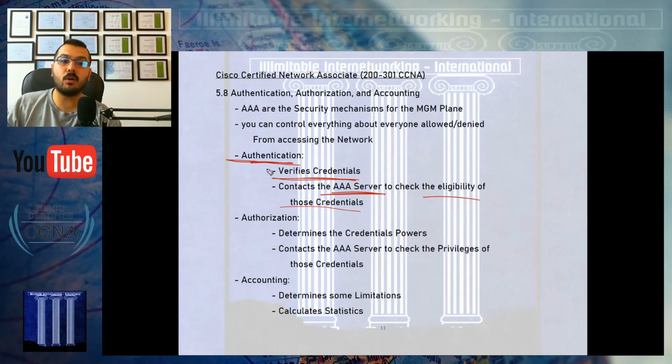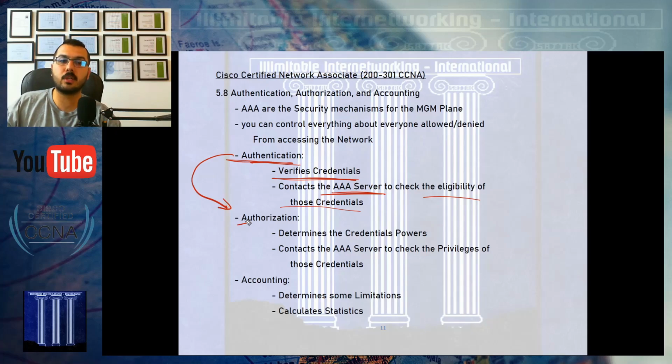But if it was authenticated, then we will go to the second A, which is: it's authenticated for what level of privilege to configure or to change the device or navigate inside this device. And this is where we will jump to the second A, which is authorization.